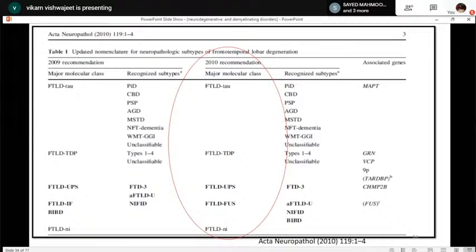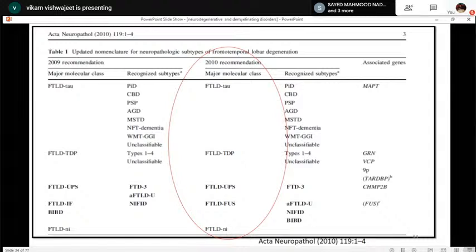The next category is FTLD-TDP, in which types 1 to 4 are given. The next category is frontotemporal lobar degeneration with ubiquitin proteasome system, in which frontotemporal dementia linked to chromosome 3 is included.